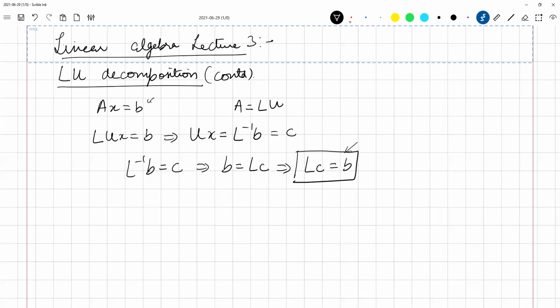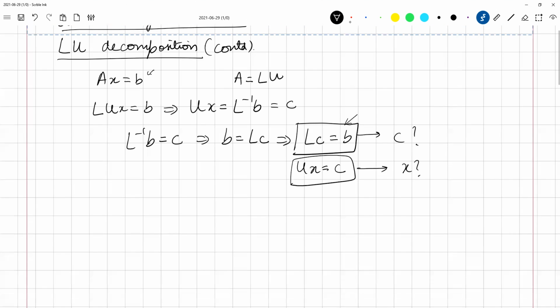So we are trying to solve a similar equation. Now we have to solve two equations. One is LC is equal to B, to solve for C. Second is Ux is equal to C, and using this you can find out x.